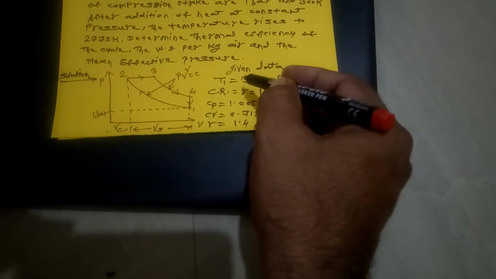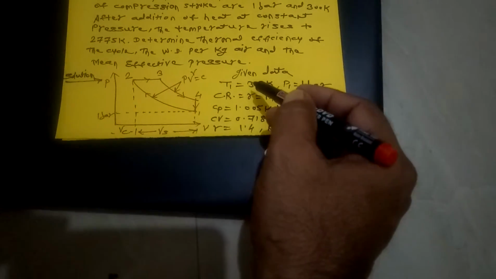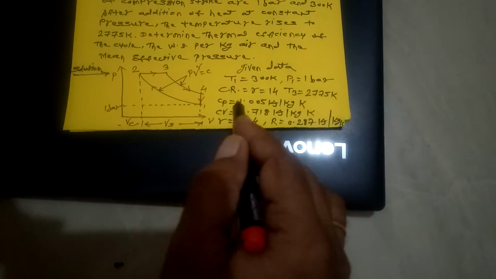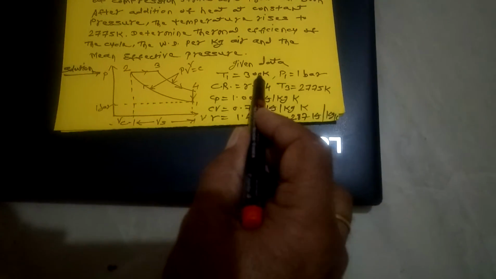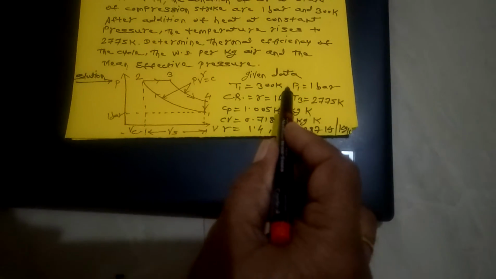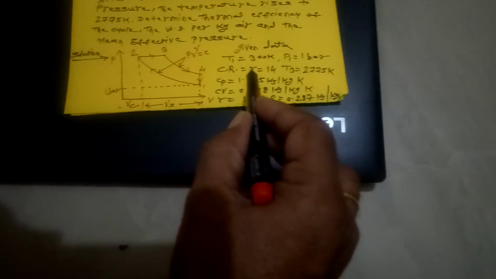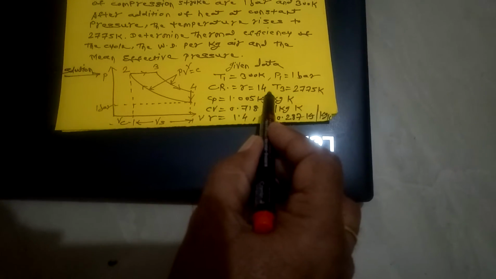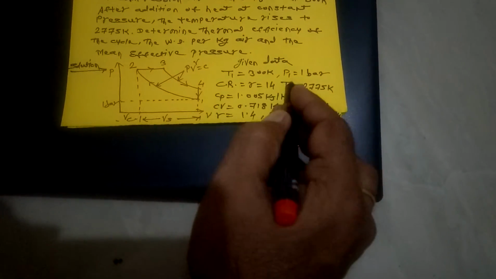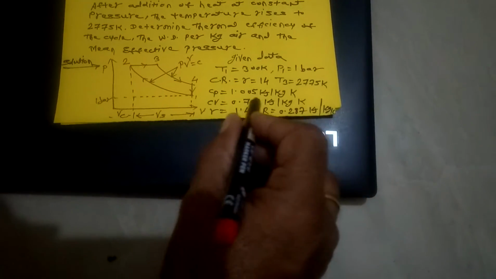So this is a list of given data. This is the given information in the problem. Initial conditions are mentioned in the problem. T1 300 degree Kelvin, P1 1 bar, compression ratio 14, T3 the maximum temperature 2775 degree Kelvin.